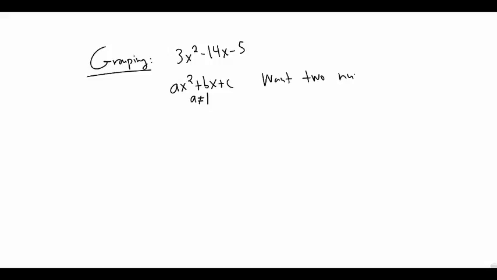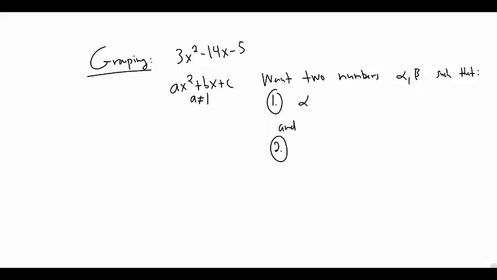Let me call them alpha and beta. We want to see if we can find 2 numbers, alpha and beta, such that the following 2 things happen at the same time.